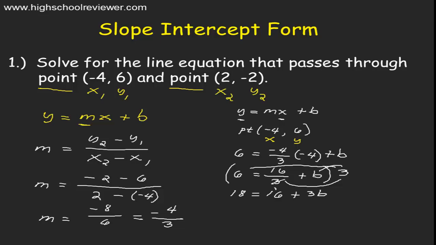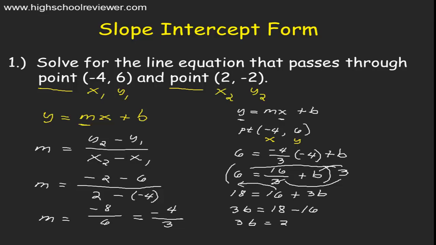So transpose +16 to the other side. So we have here 3b is equal to 18. If we transpose positive 16 to the other side, it will change its sign. It will become negative. So 3b is equal to 18 minus 16, which is 2.